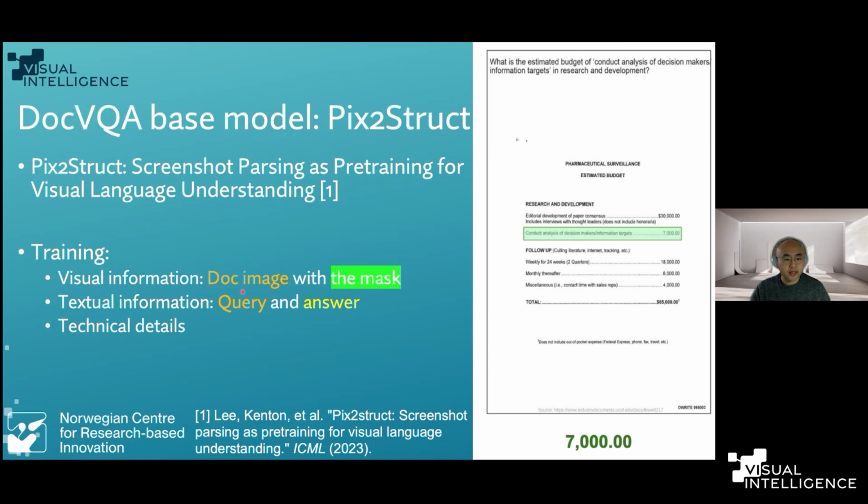So they provide the document image and query, and they also provide a bounding box like a mask. This is also given. They are part of the visual information. And since it's labeled data, it's training. So what they want is to make a good answer. And of course, in this paper there are some technical details, but I will not delve into more than that.